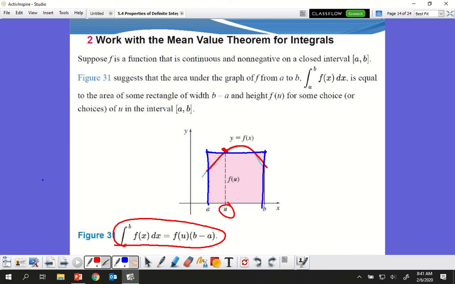In this case, it is equal to the integral from a to b of f of x dx. It's equal to that because the area under the red line is the same thing. They're both going to be exactly the same.